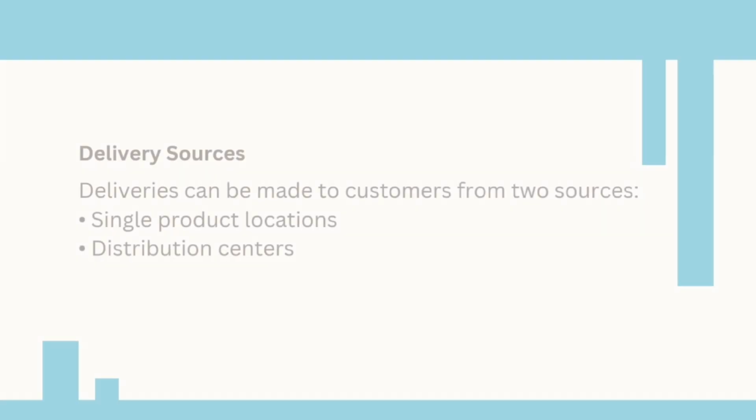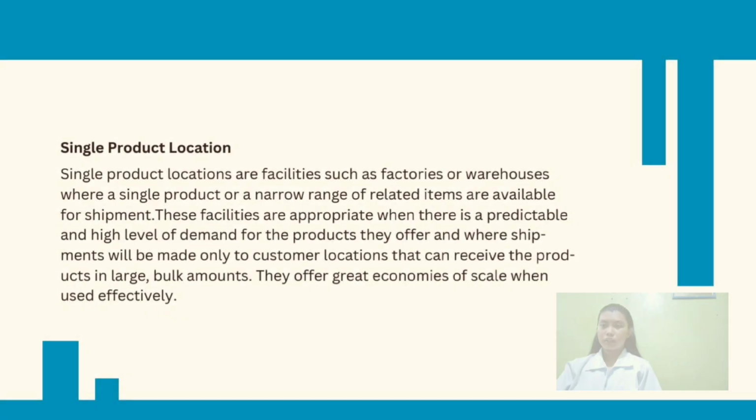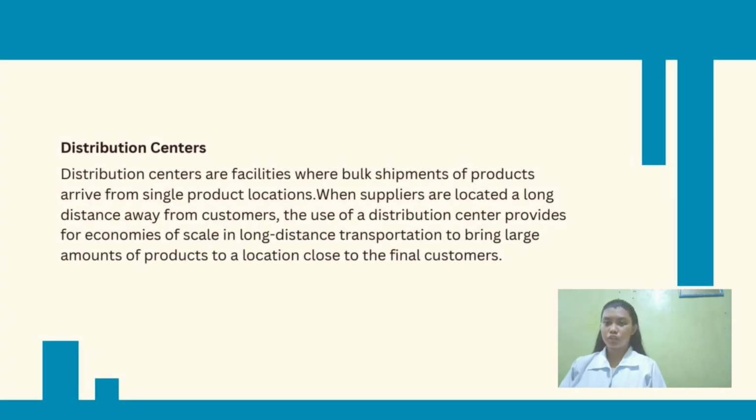Delivery sources. Deliveries can be made to customers from two sources: single product location and distribution center. Single product location. These are specific locations where products are either directly made or stored, such as a factory or a warehouse. Distribution center.